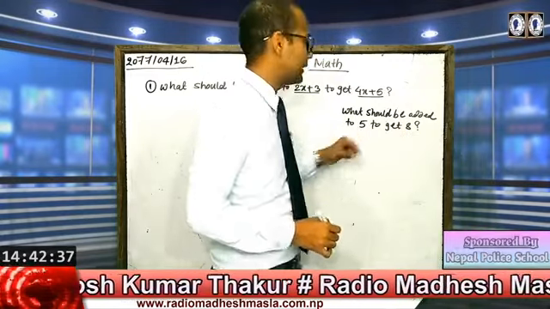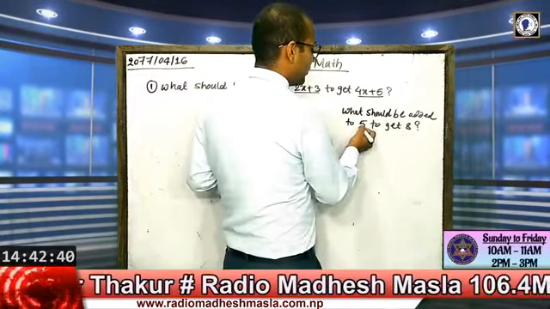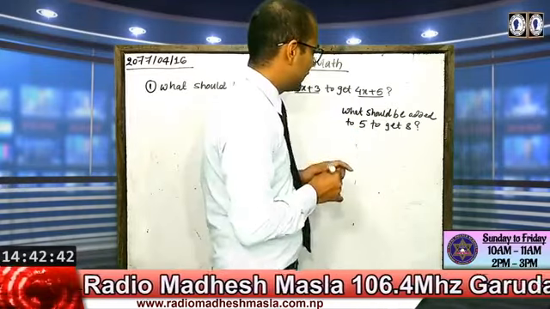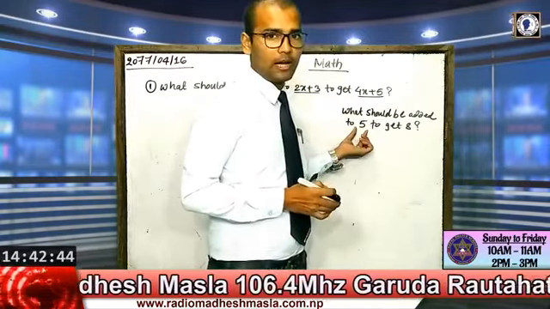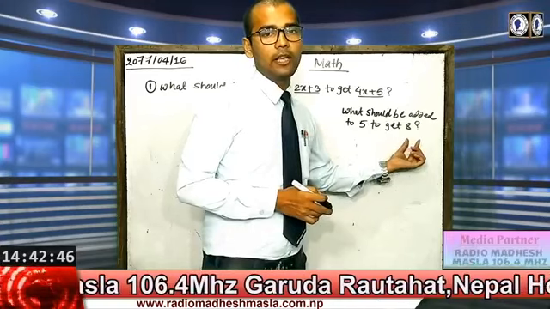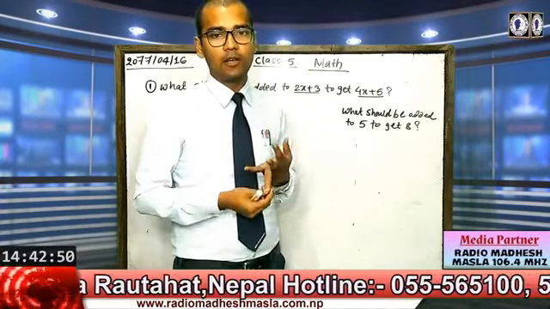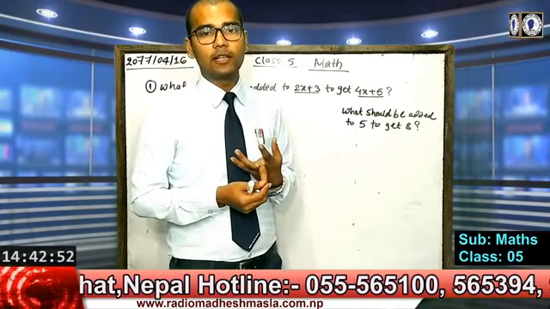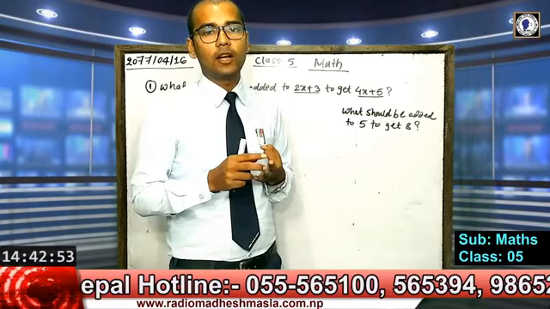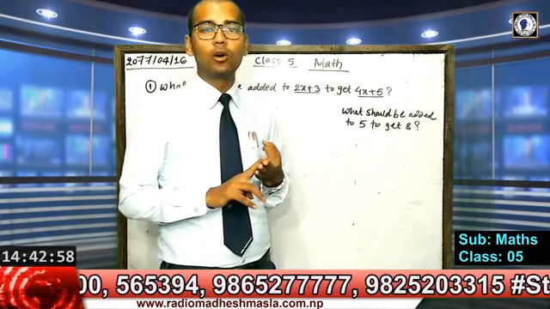When we add 3 more to 5 then we will get 8. 5, 6, 7, 8. That means there are 3 numbers. When we add 3 more to 5 then we will get 8.